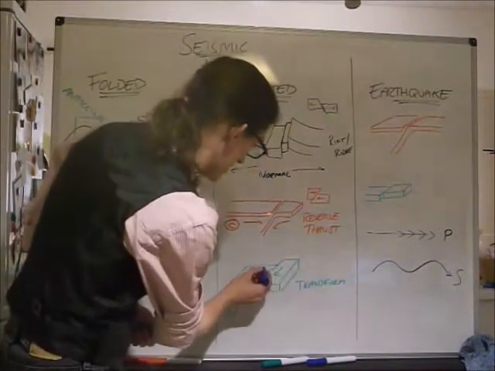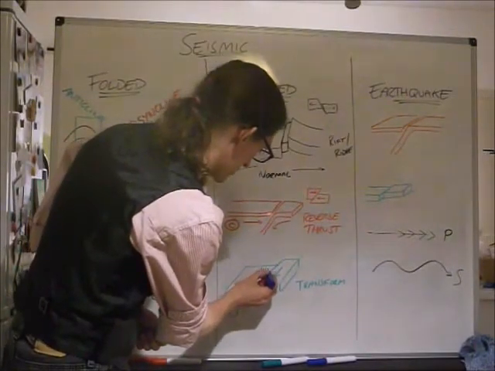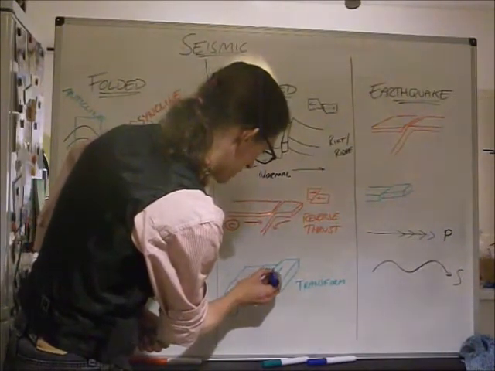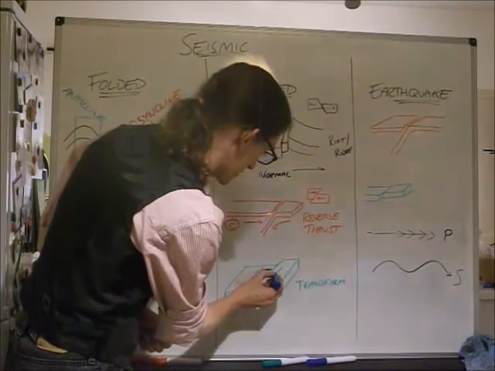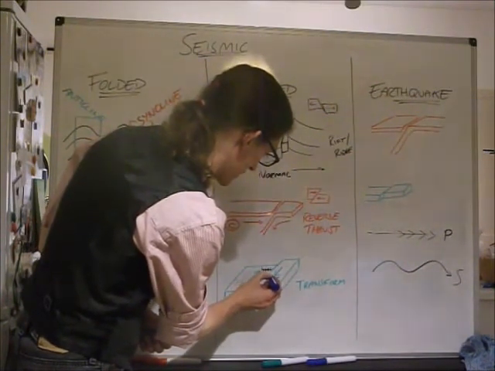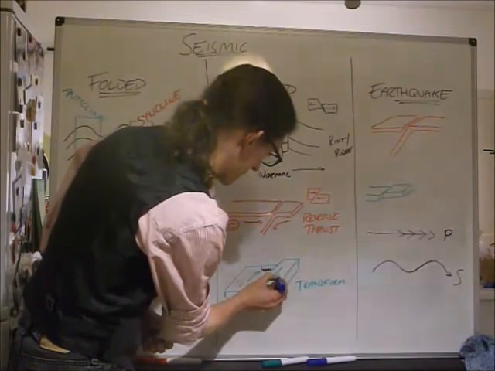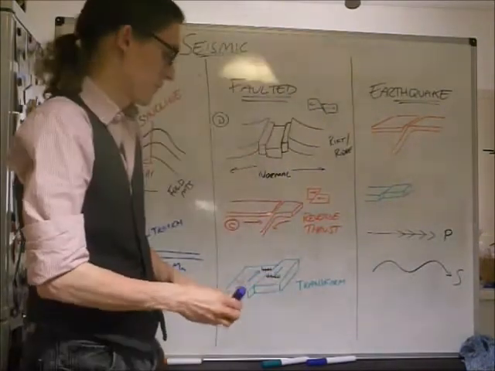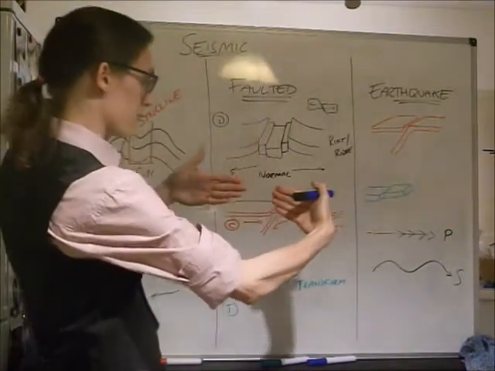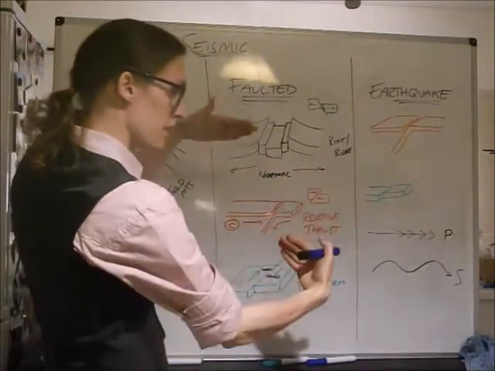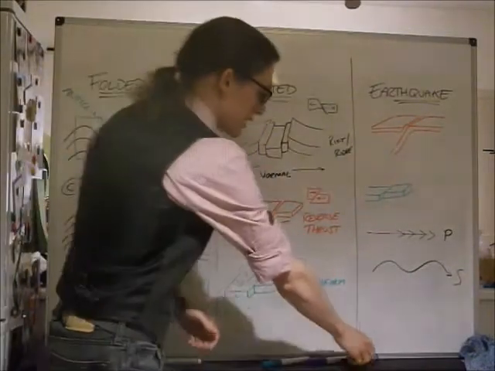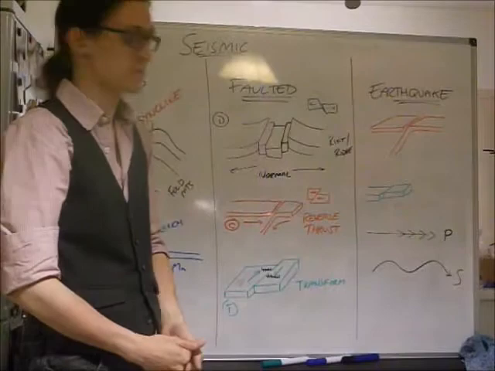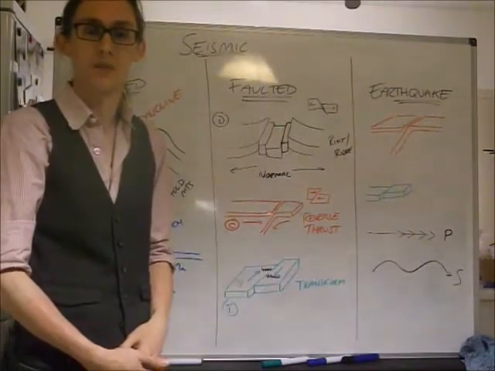I.e., imagine you had a fence running along here. As the fault shifts, the fence will be broken apart and displaced. You see that quite a lot in California.